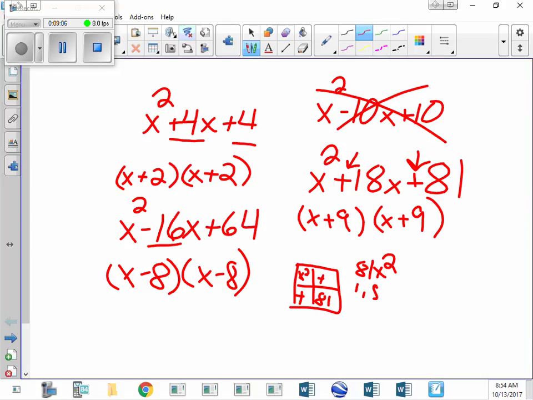So 1 and 81, that doesn't work. 3 and 27, that doesn't work. 9 and 9, that one does work. So I put in 9x and 9x, and I get x plus 9 and x plus 9. So even if you forget that rule, you can always use the box and just factor it.